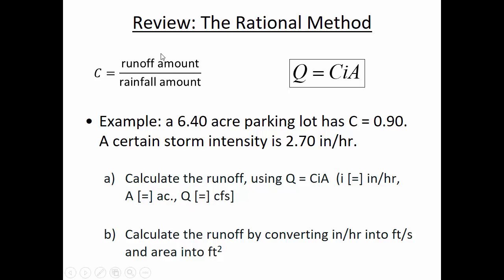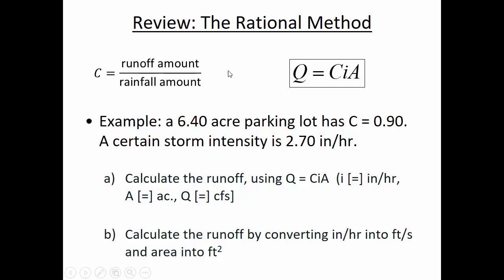That's the C value. That's why for concrete, for instance, the C value would be 0.95. That means for every inch of rain that comes out of the sky, 0.95 inches of rain will flow over the surface. And that other 0.05 inches of rain is just going to be stuck on the surface of the concrete, wetting it to provide the lubrication, so to speak, for the rest of the sheet flow.